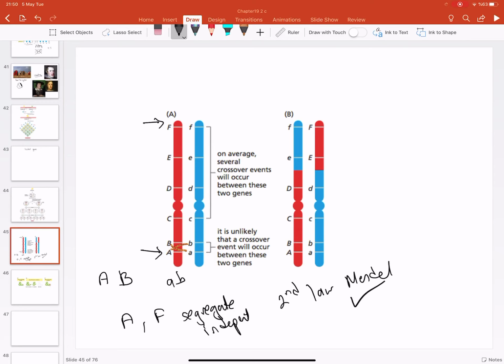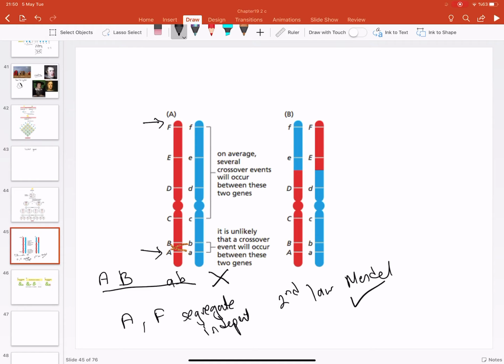But these two are going to violate the second law of Mendel. This is also why our calculations in population genetics sometimes can be wrong, because we neglect that the alleles can be linked, especially if you don't know where they are localized in the chromosome, like at the beginning of the 20th century when Thomas Hunt Morgan was doing it. He didn't know where they are localized.